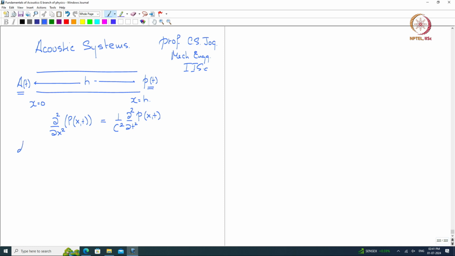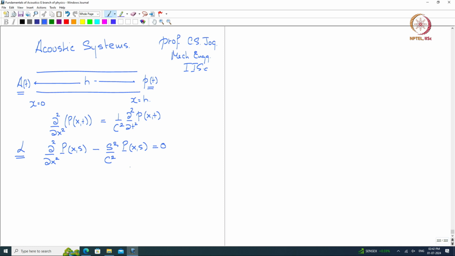If I take a Laplace transform on time, I get del 2 by del x squared, p of x comma s minus s squared by c squared, p of x comma s equal to 0.